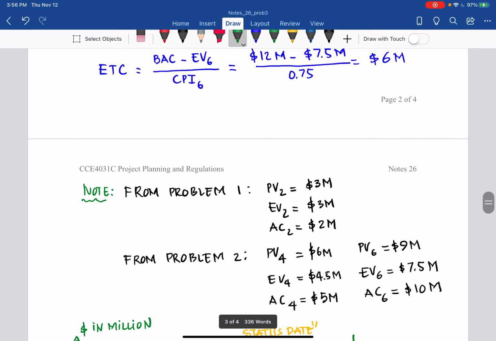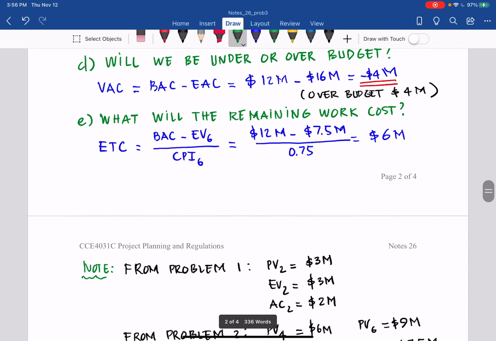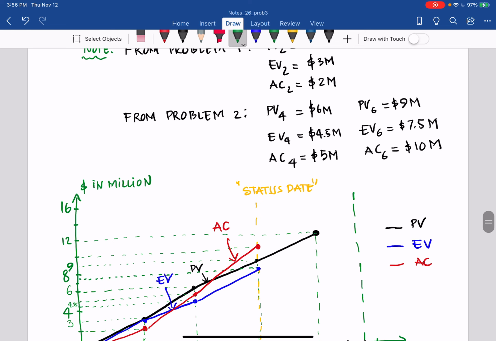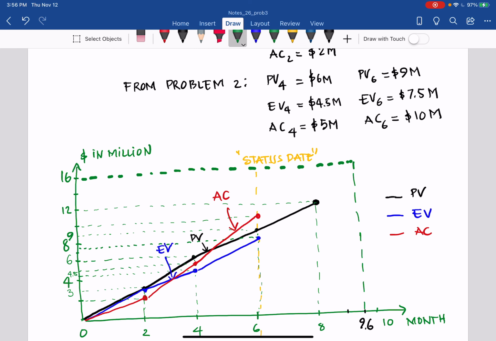And to complete it, the estimate at completion is 16 million. Then we can forecast what the final cost looks like.